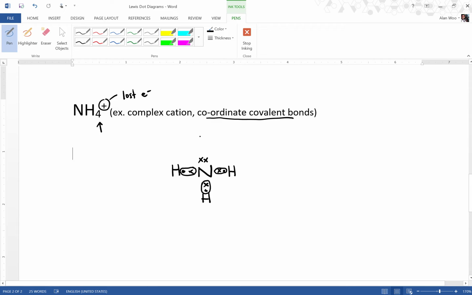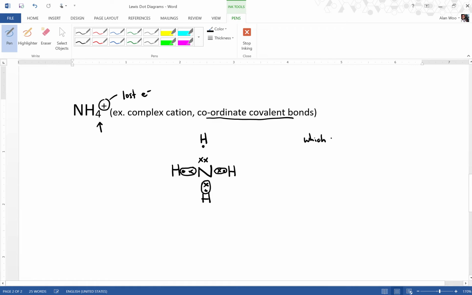So the idea is we have an electron from our 4th hydrogen, but we already have an electron pair here. So we have too many electrons. And that's why in this particular ion, you have to lose an electron. So the question is, who loses the electron? Will nitrogen lose the electron, or will hydrogen lose the electron?